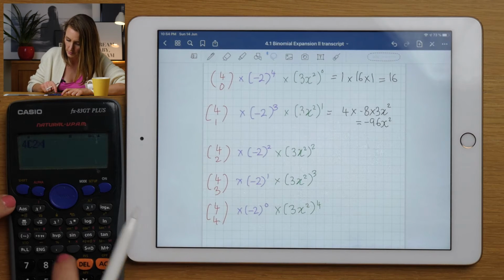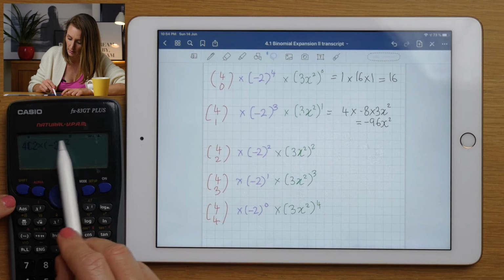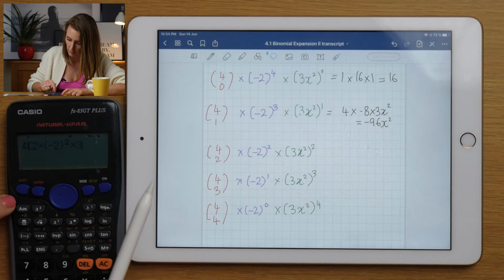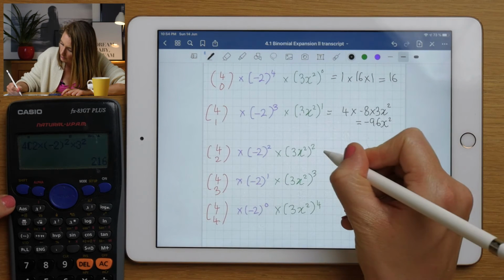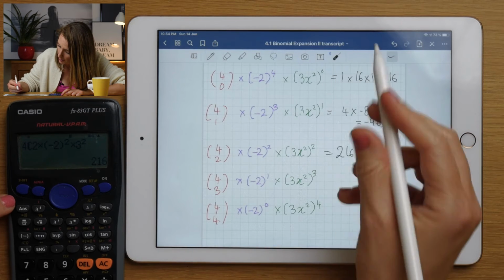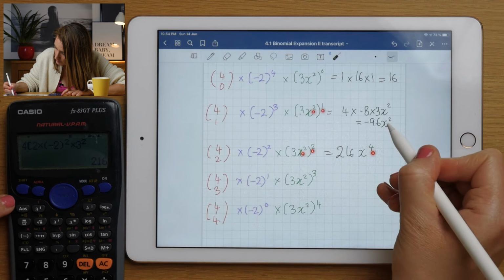4 choose 2 times minus 2 squared. Now remember, if you type in minus 2 squared without brackets, you'll get the wrong answer. Times 3 squared. So here you'd get 216x power 4. And it's power 4 because 2 times 2 is 4. 2 times 1 is 2.